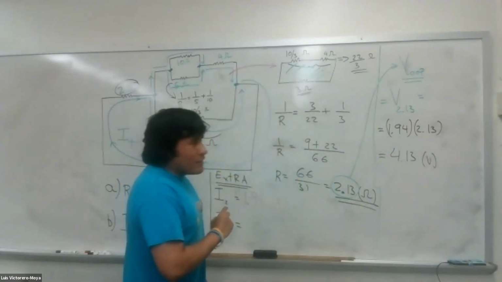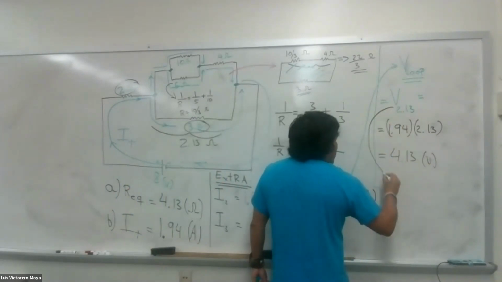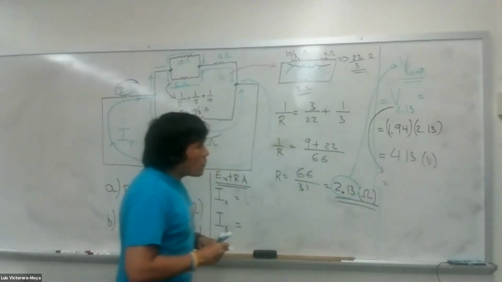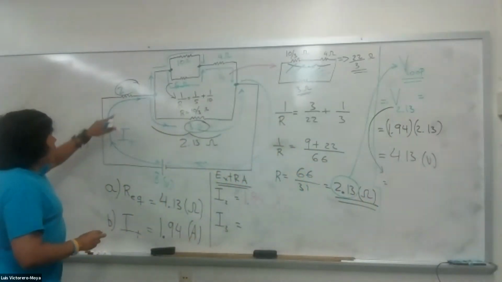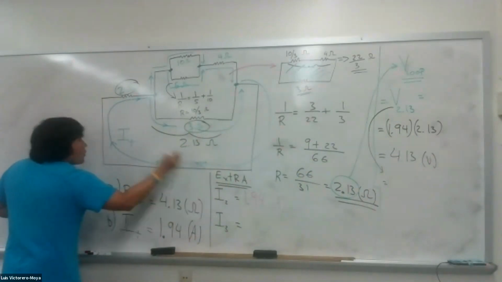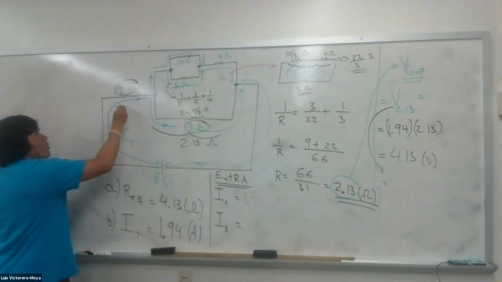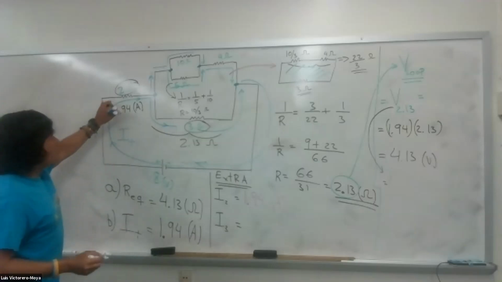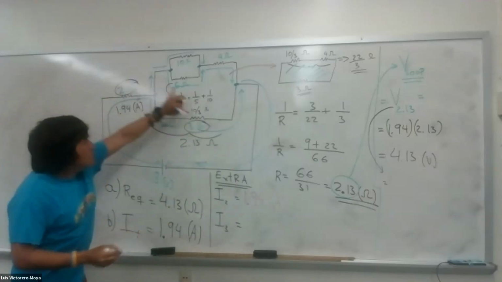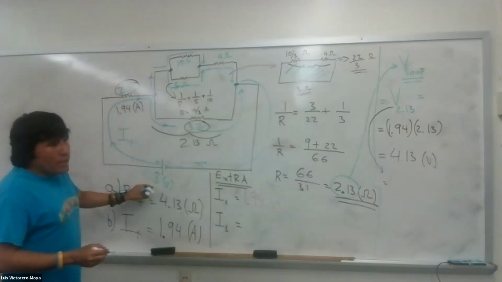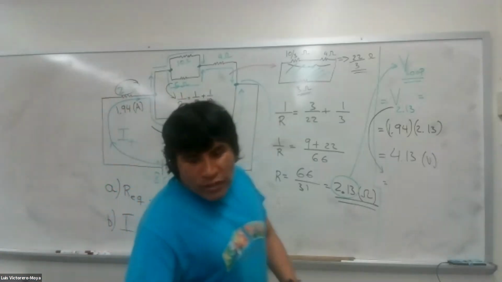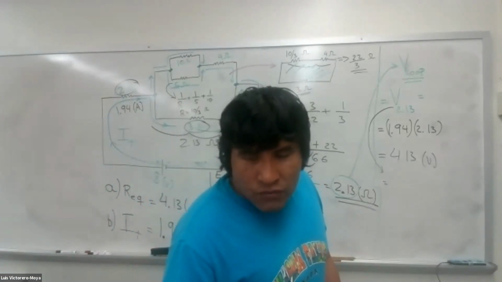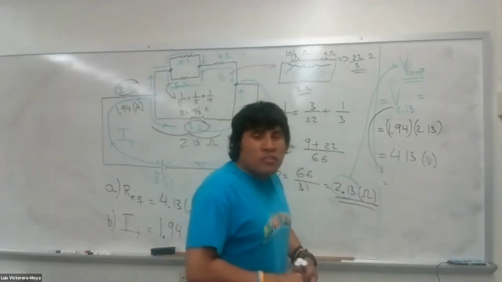What's the other way to know this guy? So how do you know that that's 4.13? Easy. The current here, as you said, was 1.94 amperes. By conservation of energy and charge, the total voltage of these two, the loop and this resistor, has to be 8 volts. How much is 2 times 1.94? 2 times 1.94 is 3.88. If you subtract that from 8, you get 4.13.